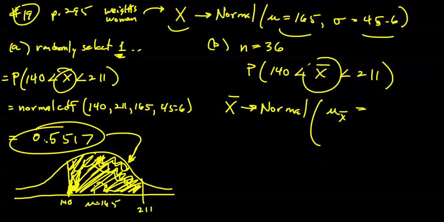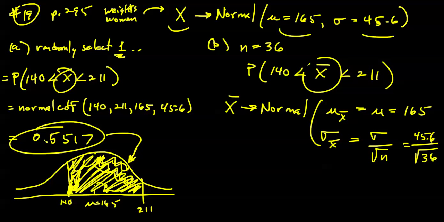The mean of the sample means is the same as the original population mean. The standard deviation changes, however. You get your original SD reduced by a factor of 1 over the square root of n, or your SD divided by root n. So I'll write my SD 45.6 divided by the square root of 36.